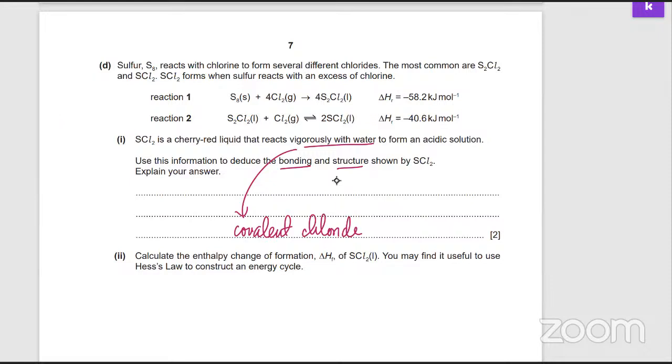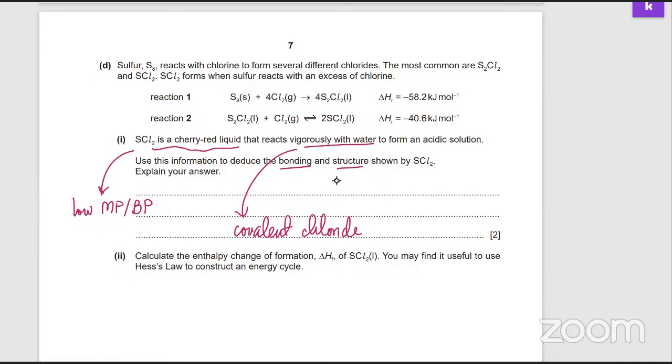Simple or giant? How do you know it's simple? What does it mean that it's a cherry red liquid? It shows that it's got low melting and boiling points. A giant structure would have high melting and boiling points.